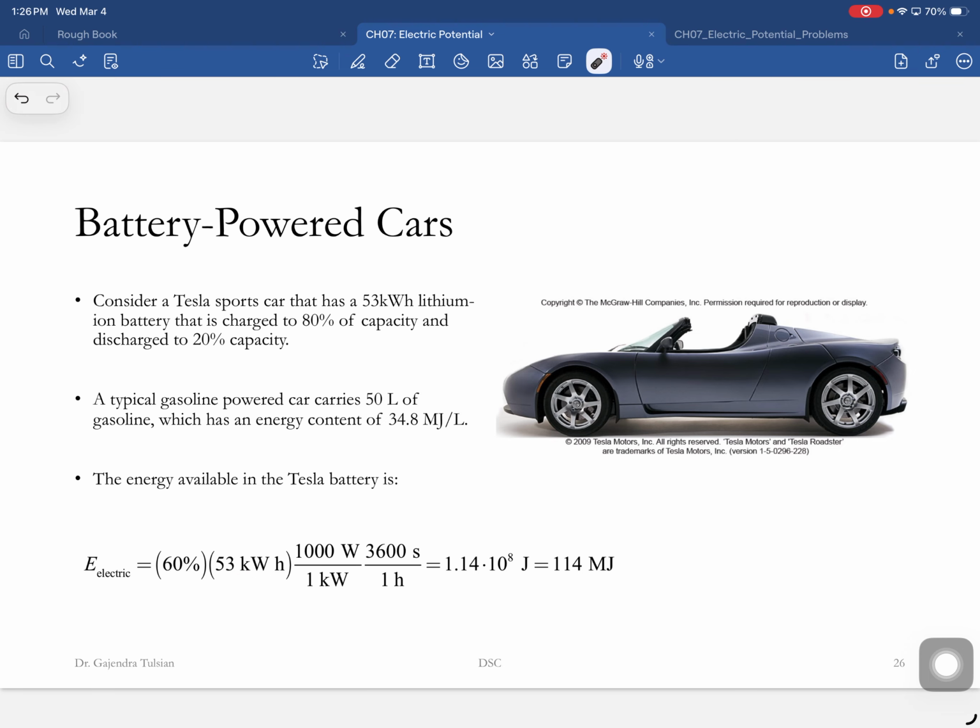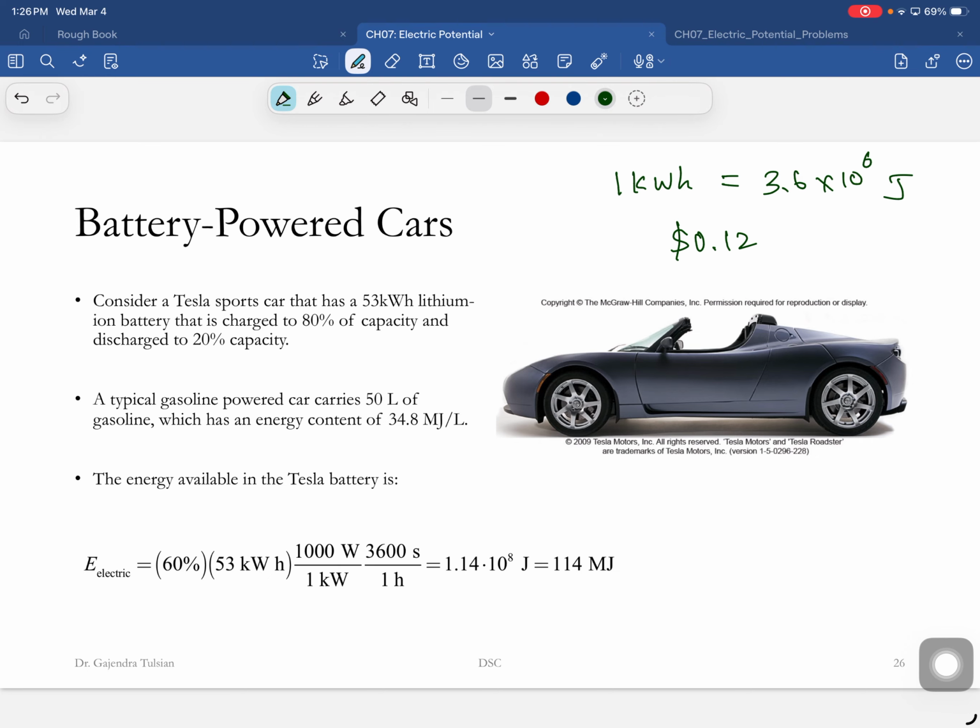So what this problem is saying is, kilowatt hour, by the way, if you look at your electricity bill, you are paying by kilowatt hour. This is the unit of energy, equal to 3.6 million joules, and you pay about 12 cents for it.